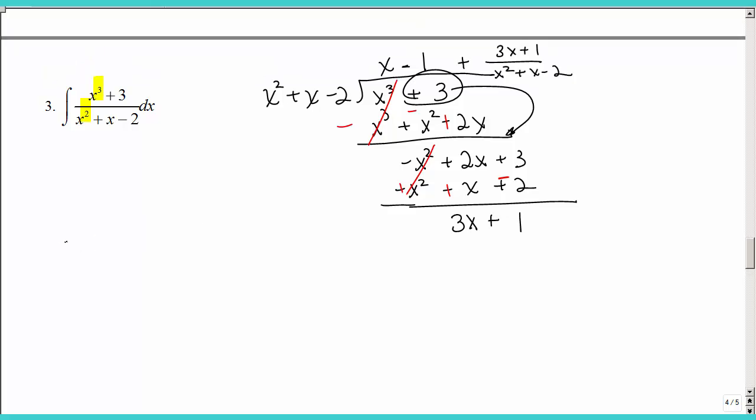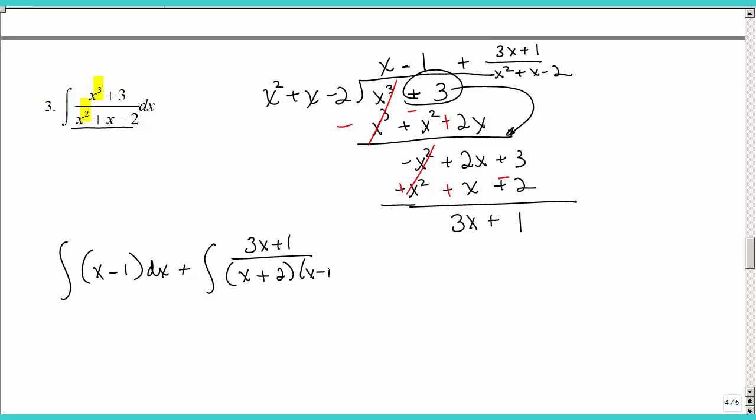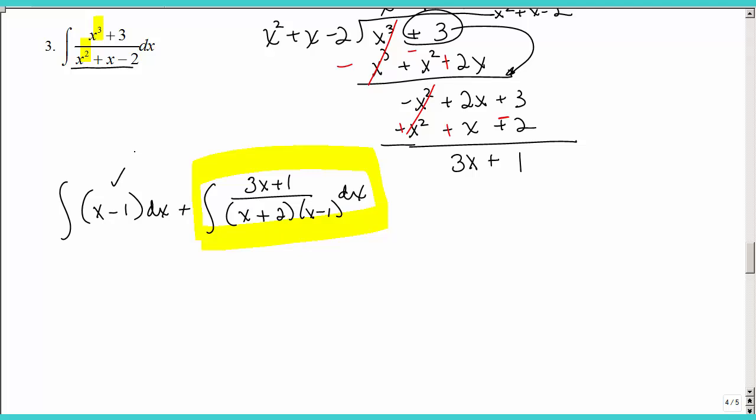So now I want to take my original integral. It's now in the form of the integral of x minus 1 dx plus the integral of 3x plus 1 over this denominator. Then I'm going to go ahead and factor it as x plus 2 times x minus 1. So this is what I need to use my partial fractions on, because I know you can integrate that part. So I had 3x plus 1 over x plus 2 times x minus 1.